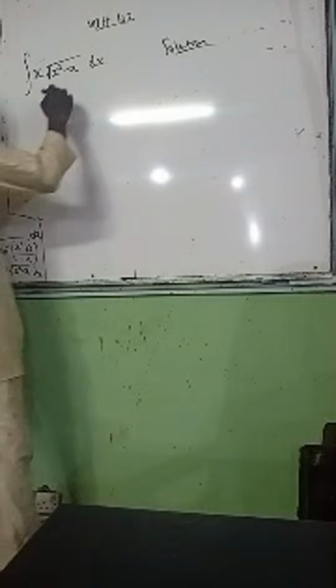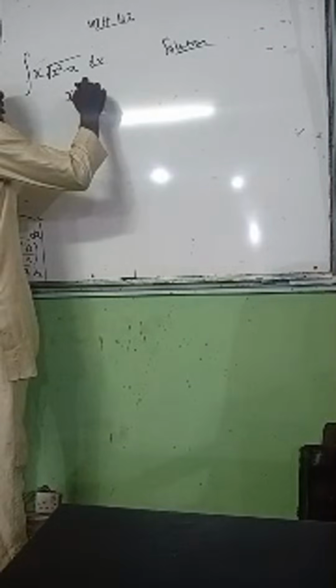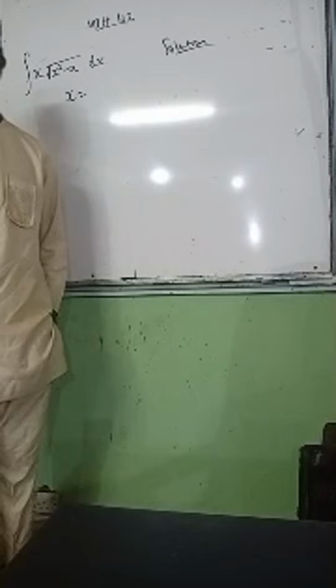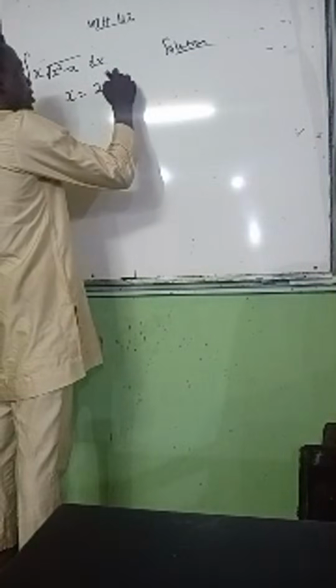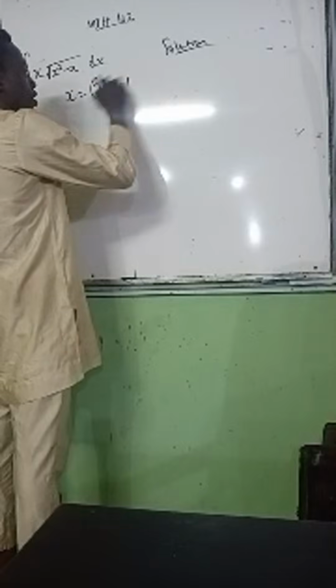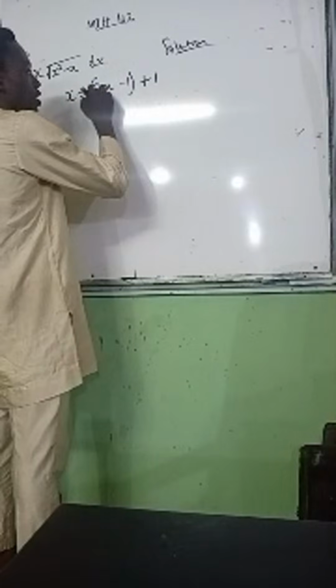Now look at what I want to do. I want to split this thing. I want to split the integral. x is equal to 2x minus 1 over 2, plus 1 over 2.